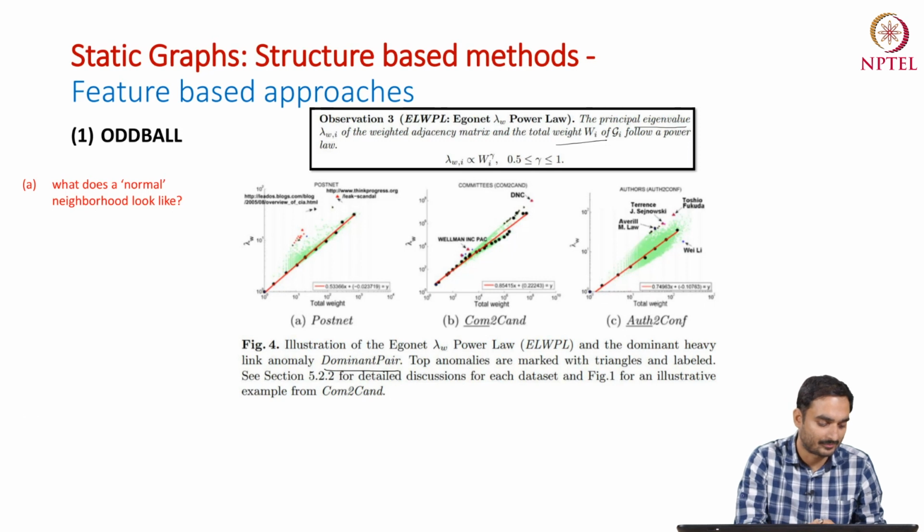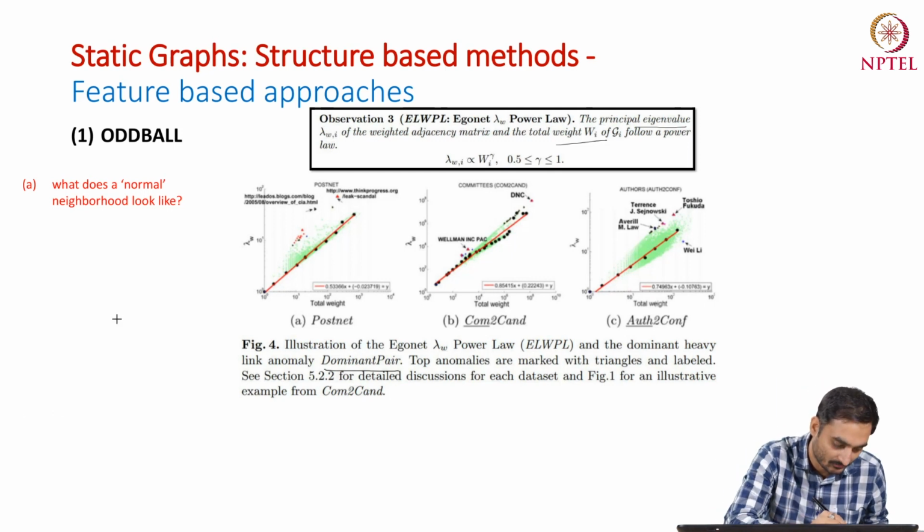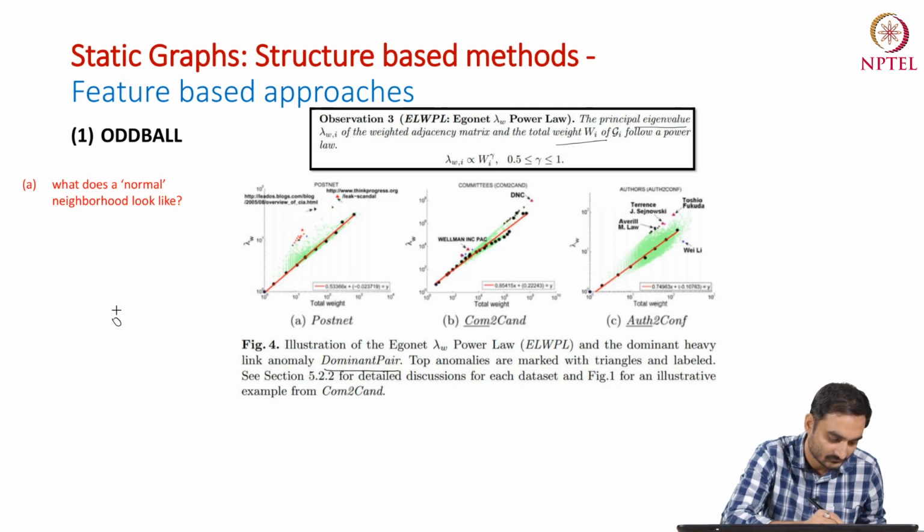What they proposed is that you have all these features, basically 4 features, and you have all combinations of features, xi, yi. They defined something called the outlierness score.